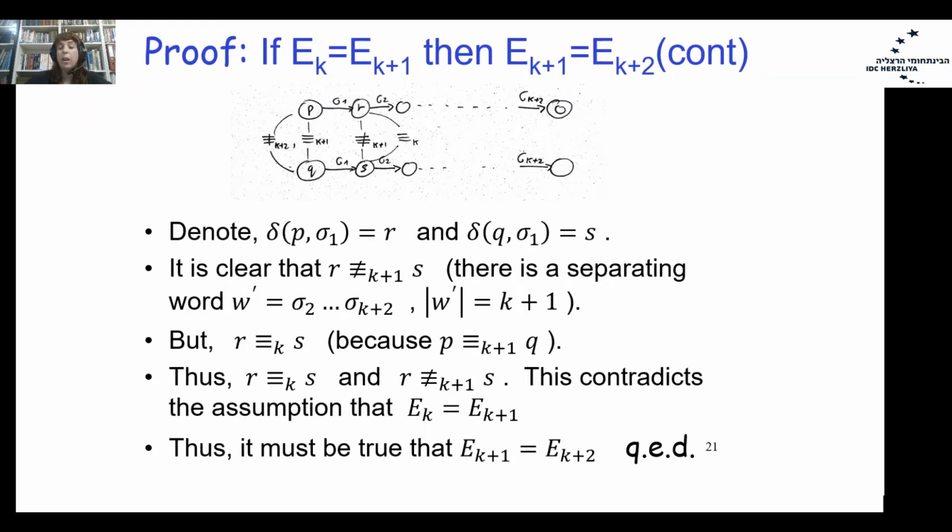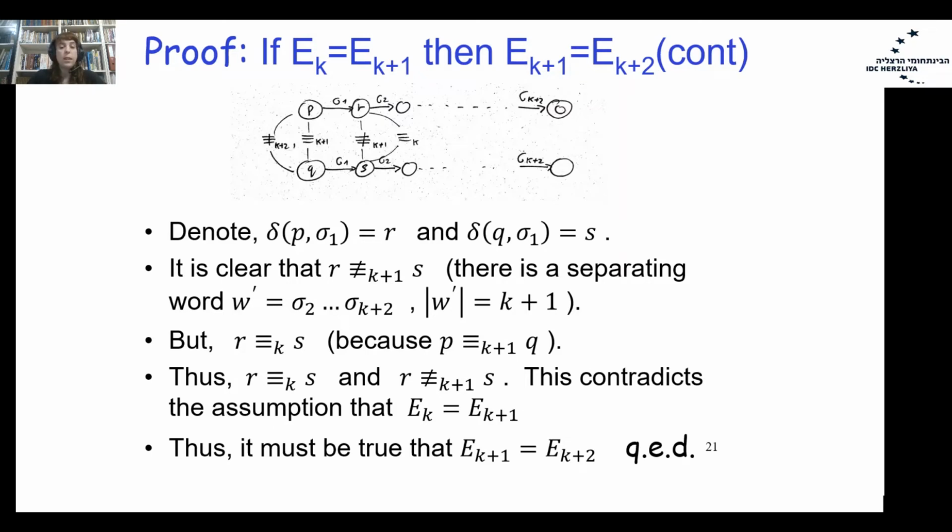But R was K equivalent to S, because P was K plus 1 equivalent to Q. If they weren't K equivalent, then P can't be K plus 1 equivalent to Q.